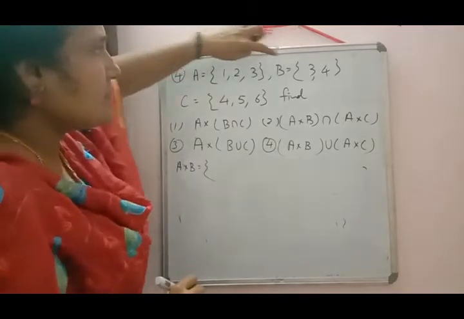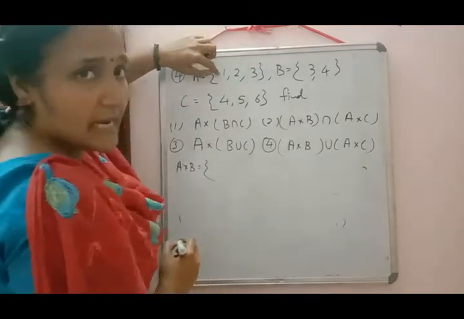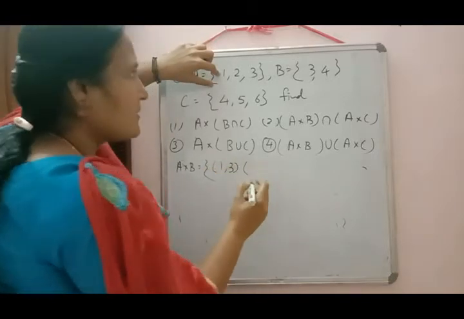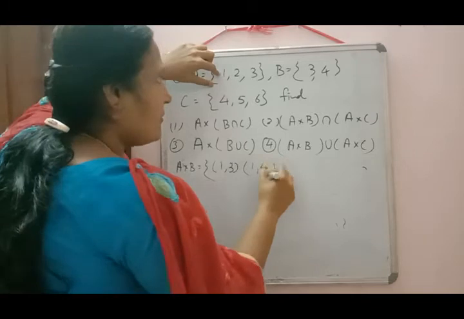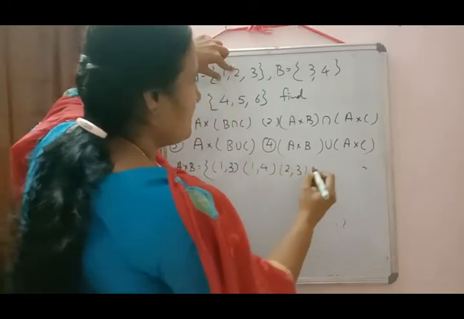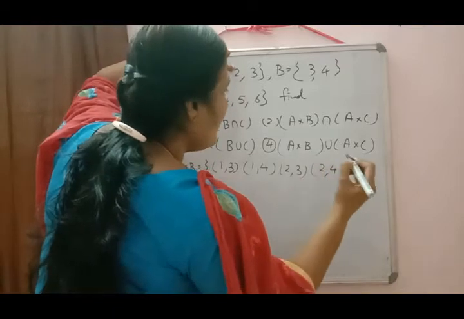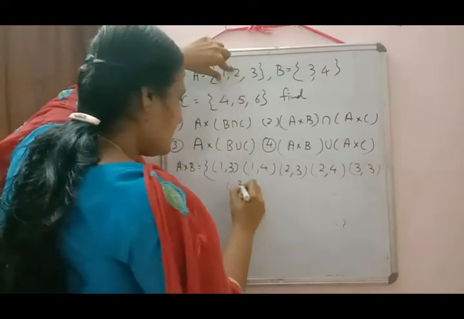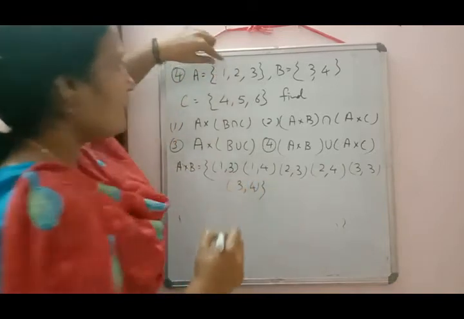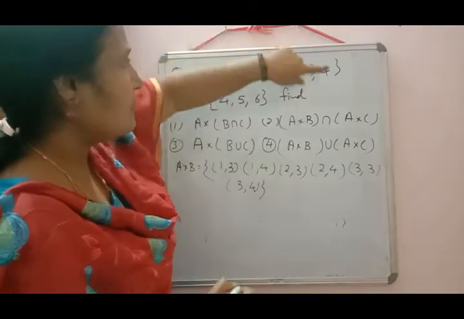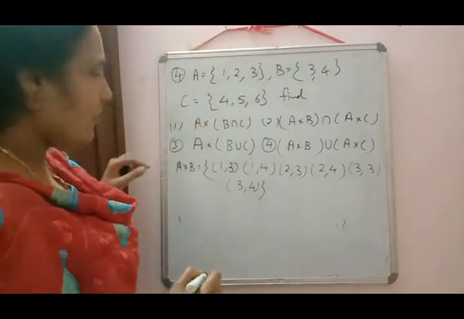A cross B, their Cartesian product, will be equal to 1, 3, 1, 4, then 2, 3, 2, 4, 3, 3, 3, 4.